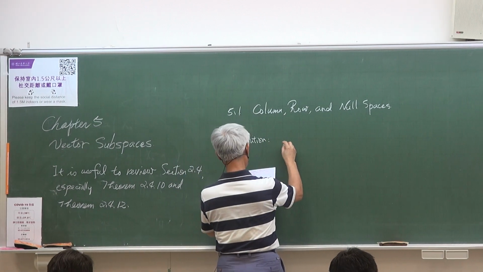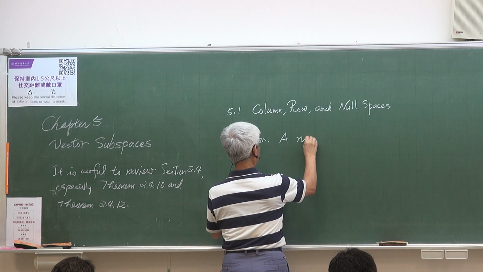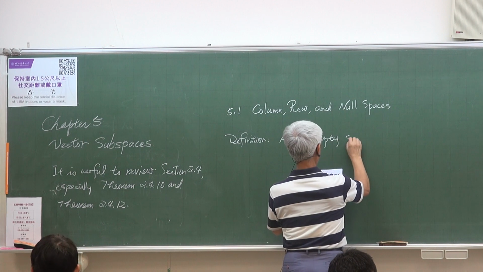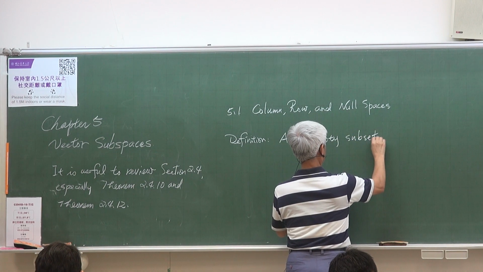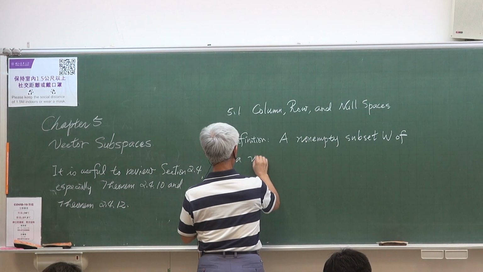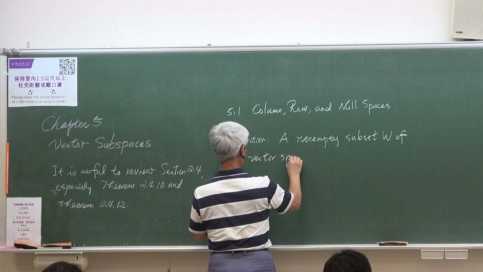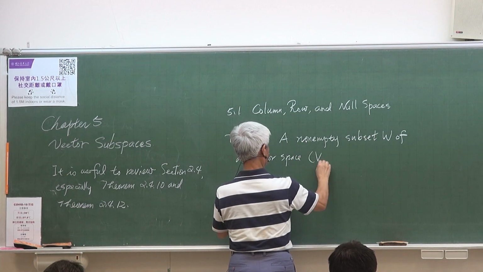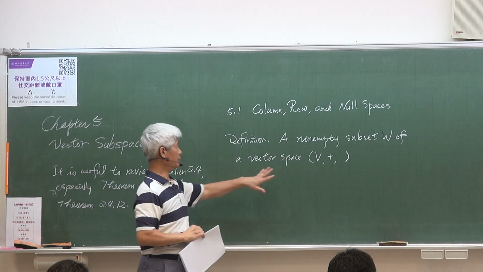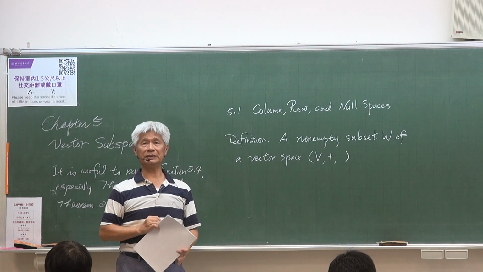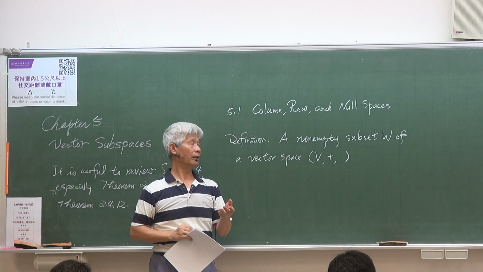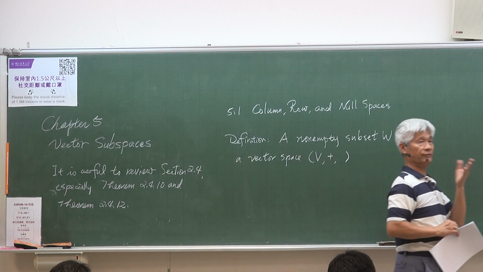Right, definition. A non-empty subset W of a vector space. A vector space is usually described by using a triplet. First of all, V is the set of all vectors, and the plus is just the vector addition.